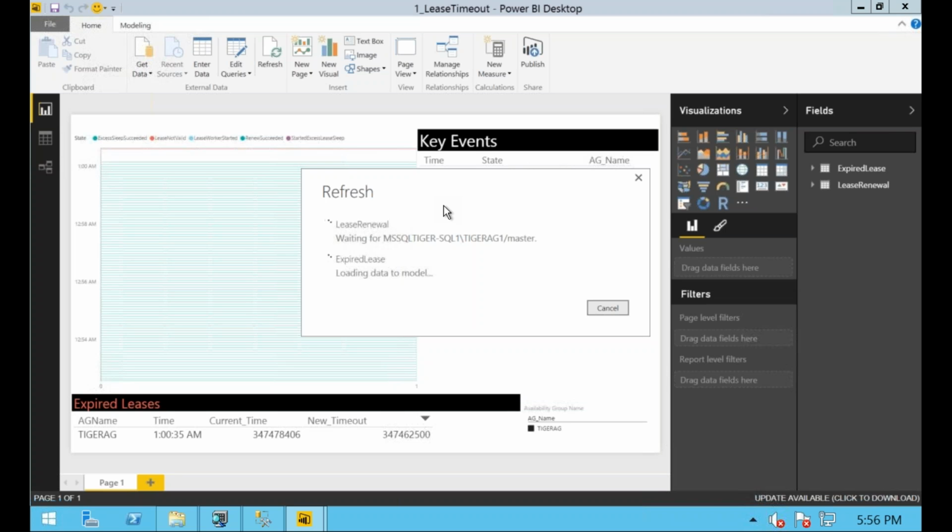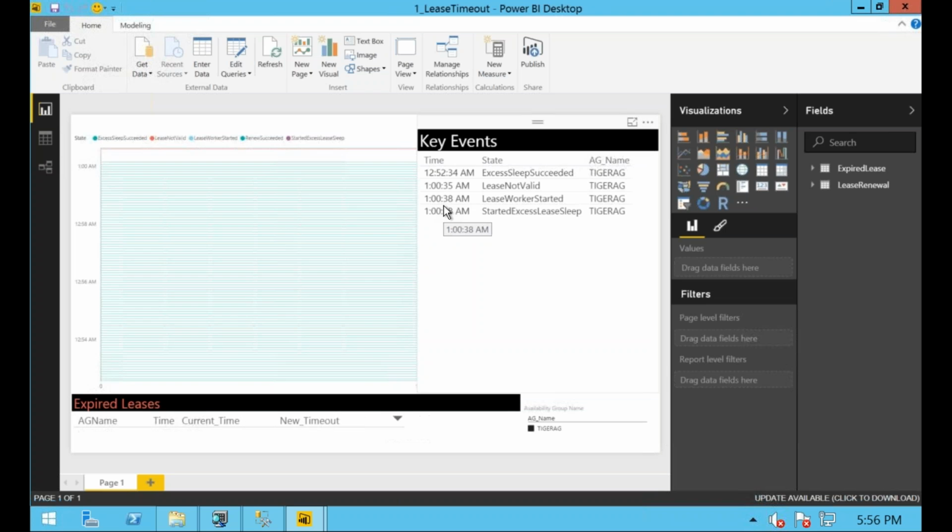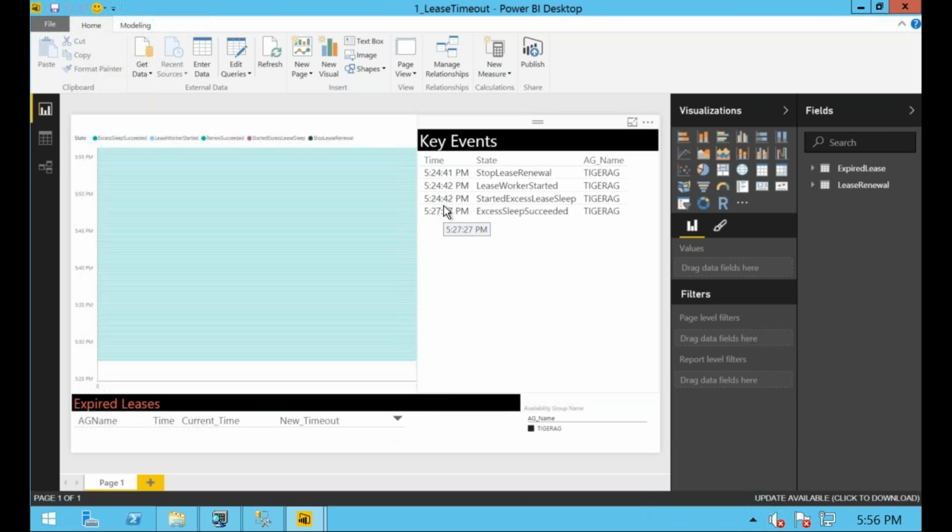While it's doing this, what I wanted to talk about was that these two Power BI desktop reports that I shared would be useful currently, and what we're evaluating right now is how we can make this more visible in the different tools that you use.